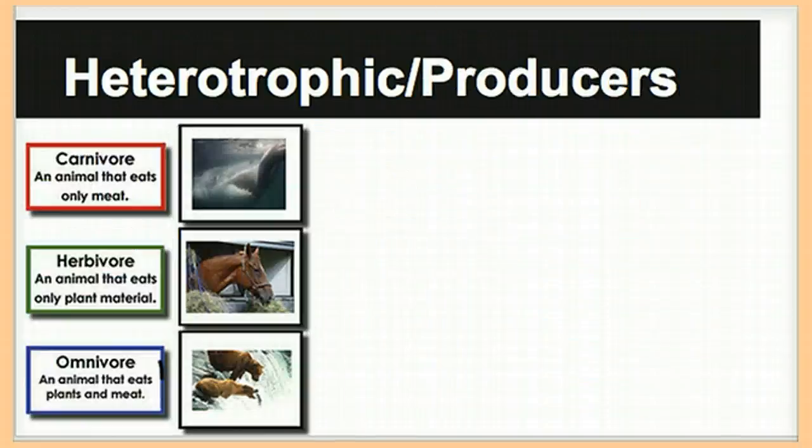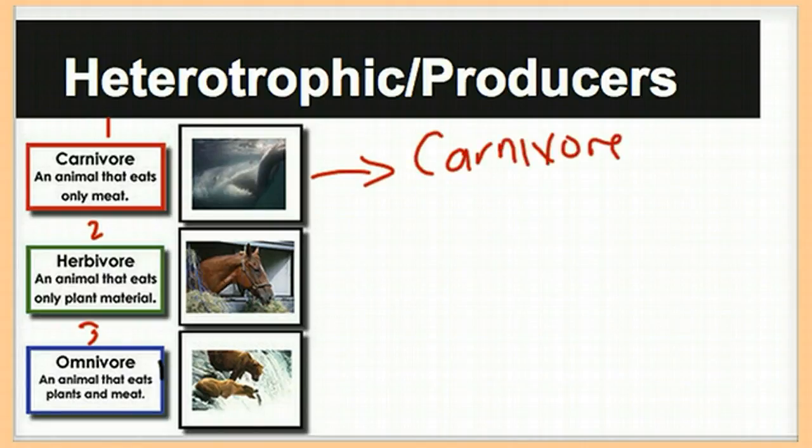We can further subdivide heterotrophs into three classes. The first class is carnivores, C-A-R-N-I-V-O-R-E-S. Carnivores are organisms that eat only meat. So if you notice an animal is eating only meat, it is basically classed as a carnivore.